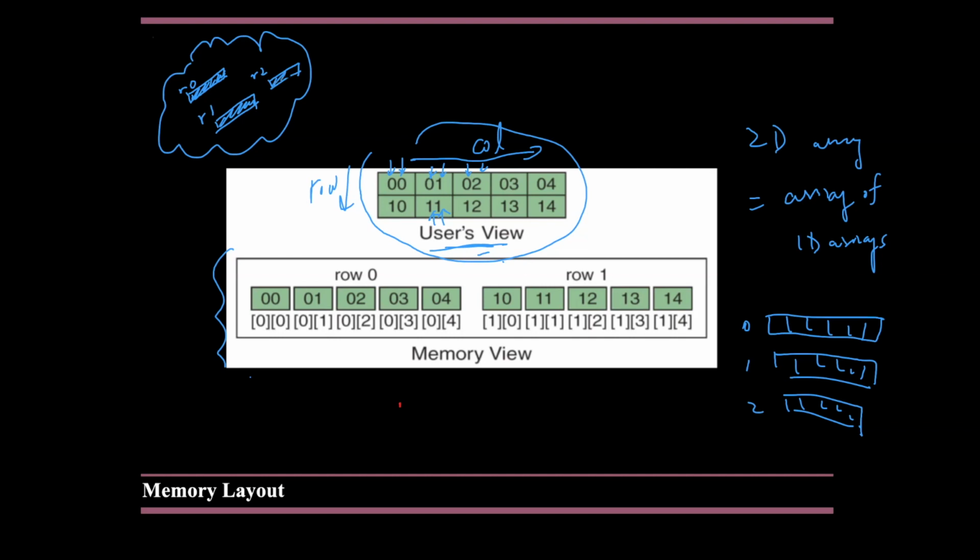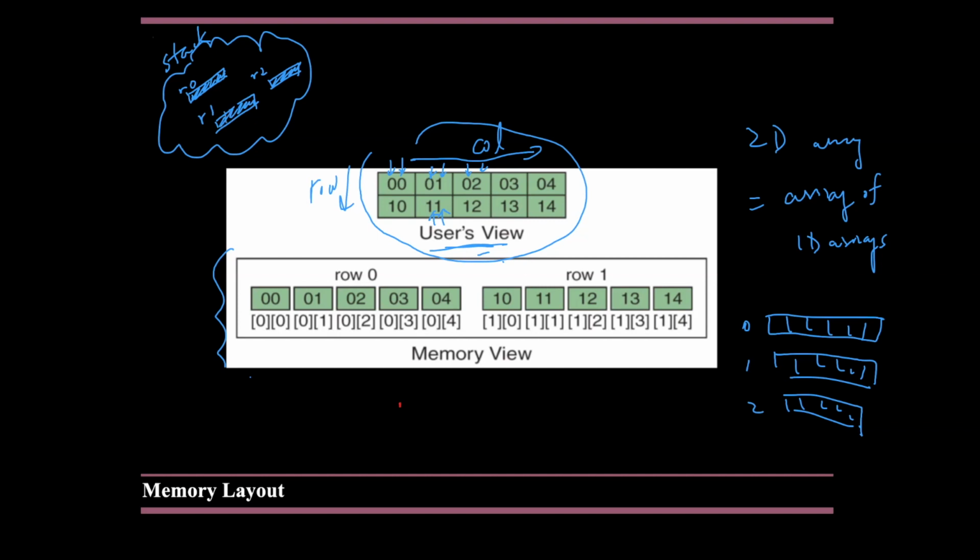The reason is we don't know where the memory is allocated. Let's say this is your stack memory; we're not talking about dynamic memory, but dynamic memory is similar to this. There's no telling where each row's block of memory is allocated, but it is guaranteed that every single element inside a row is sitting next to each other.